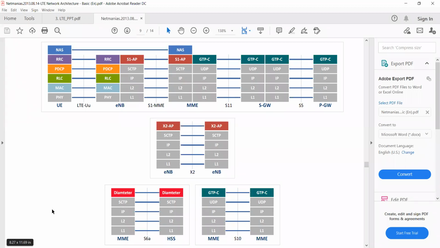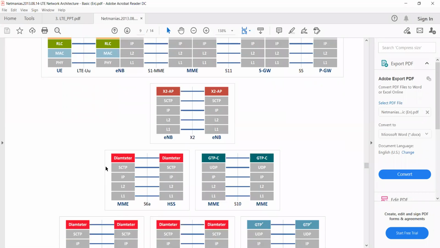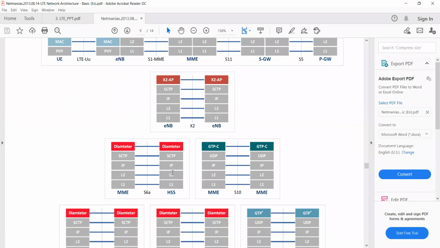Like whenever UE needs RRC connection, UE sends an RRC connection request to eNode B's RRC layer in case of control. So these are the MME to HSS interaction. It happens via S6a interface.